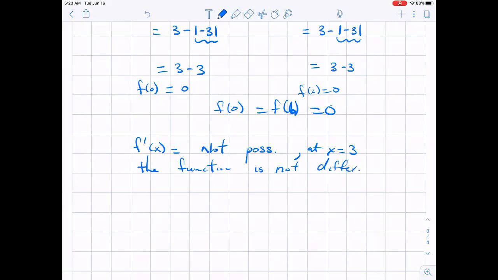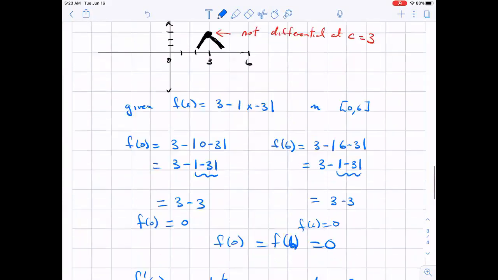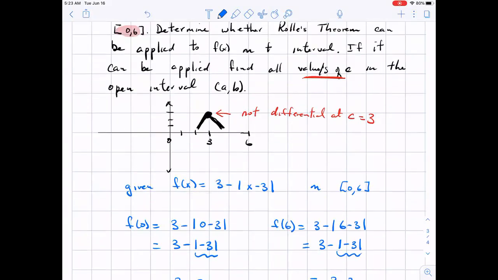The function is continuous, as you saw from the graph, but it is not differentiable at every point. At that peak value, it is not differentiable. So be very careful. Rolle's theorem tells you, yes, it is a continuous function, but it must also be differentiable at every point on the open interval.